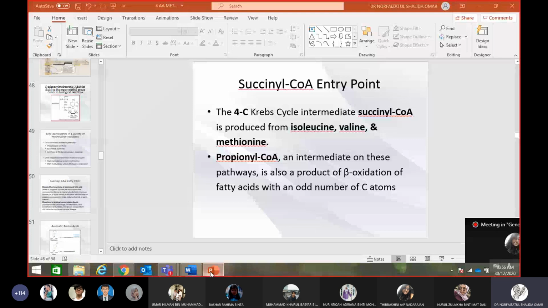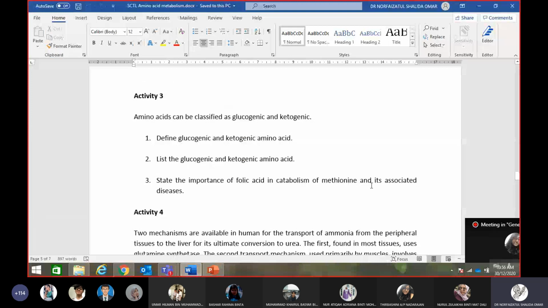Okay, state the importance of folic acid in catabolism of methionine and its associated disease. So what's the importance of folic acid in amino acid metabolism? In which one, pyruvate or oxaloacetate?